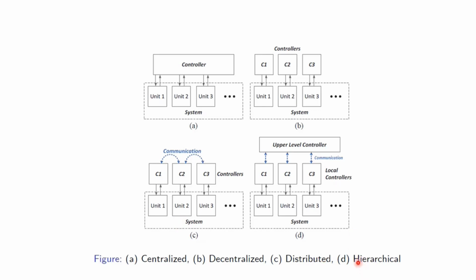This was introduced to reduce the complexity of wires, because if the battery pack has so many wires carrying voltage control, state estimation, temperature, and current information, we are not sure which wire is for what. For this reason, they made 4 different categories: first centralized, second decentralized, third distributed, and fourth hierarchical.